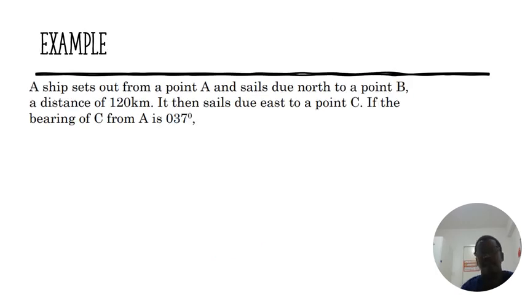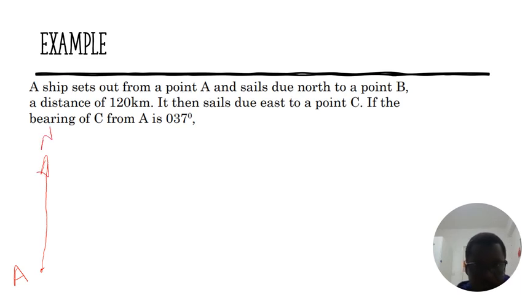Let's have a look at another example. In this one, they're saying a ship sets out from a point A. The same thing, you have to imagine. Let's say that's point A. And sails due north, so that they are going towards north.